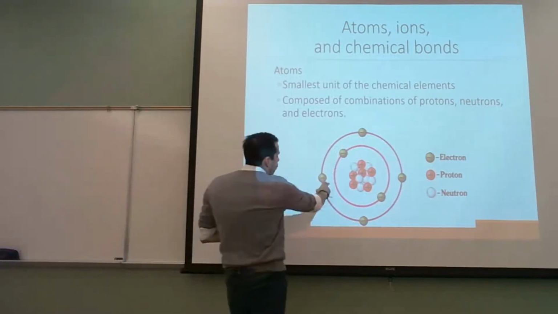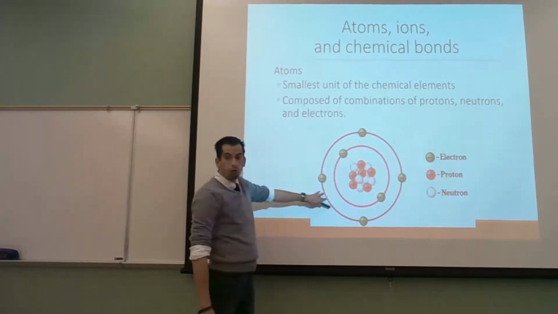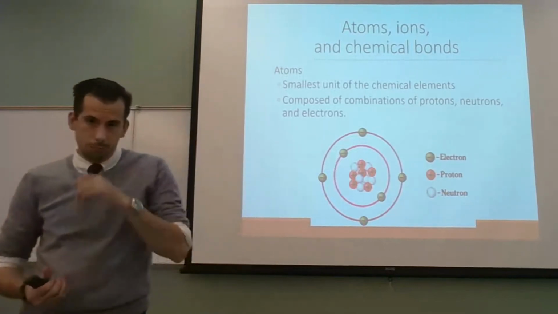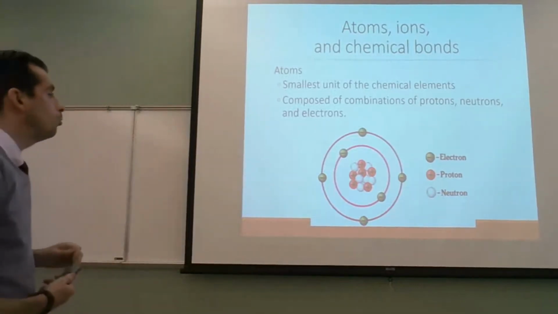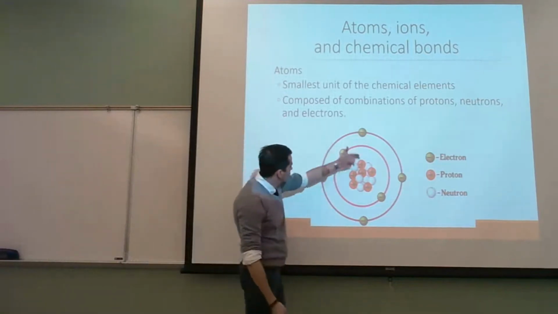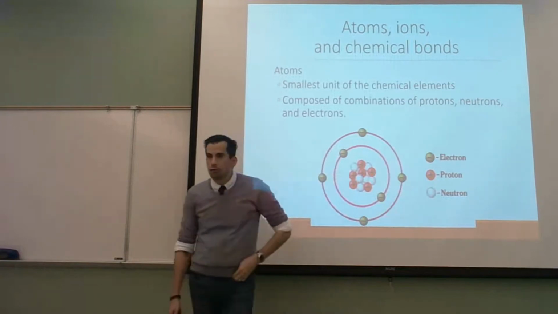Each of these layers we're going to call an orbital. The outermost orbital we're going to call the valence orbital. So protons in the nucleus, positively charged, electrons orbiting around the outside in layers that are negatively charged.